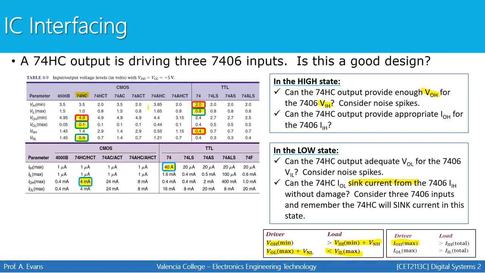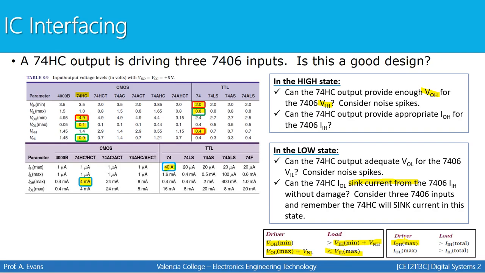So if the low-level output voltage is 0.1, but there's a noise spike of 0.9, giving me a voltage of 1.0, is that going to be low enough that my load will consider that as a low? No, it's not low enough. It's too high. I can't supply more than 0.8 volts here. And if there's a noise spike, I will definitely go over that limit. So that's a second issue we've now identified. 2 issues so far. That was considering the voltage compatibility in the low state.